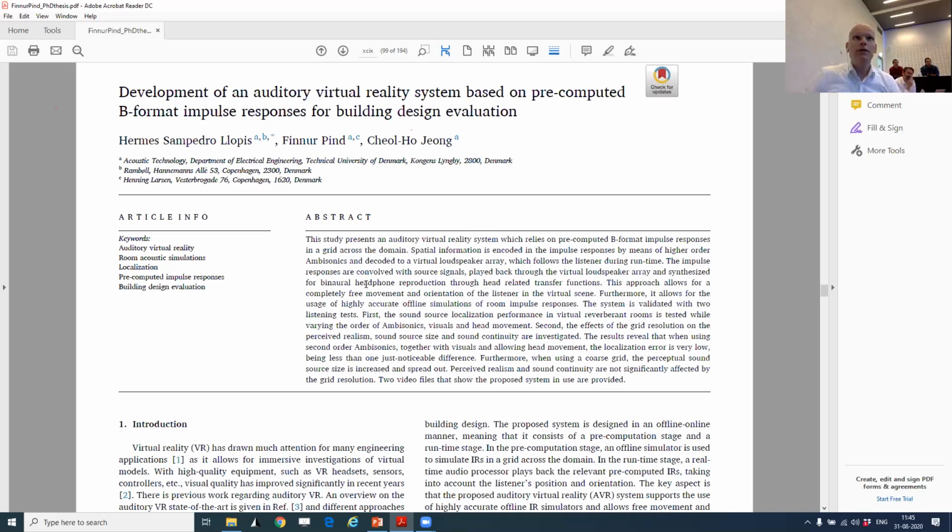In this paper, you use a geometrical acoustics based method. But somewhere in your thesis, you write that geometrical acoustics methods in virtual acoustics are known to be less appropriate. But still, you do the listening test with this system.